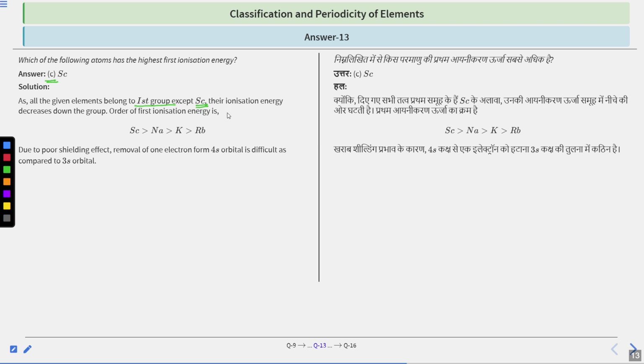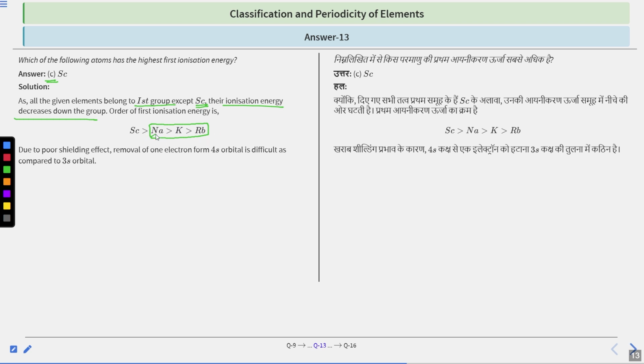So in a group, ionization energy decreases. Since sodium, potassium, and rubidium belong to the same group, this will be the order of ionization energy between these three elements: lowest for rubidium, then potassium, and then the highest for sodium among the first group elements, right?